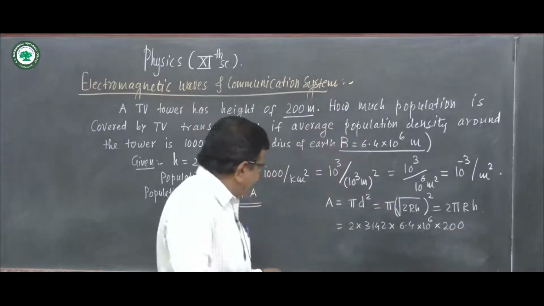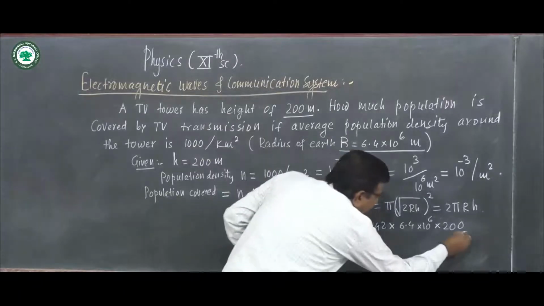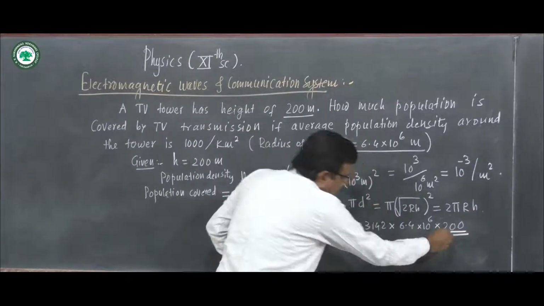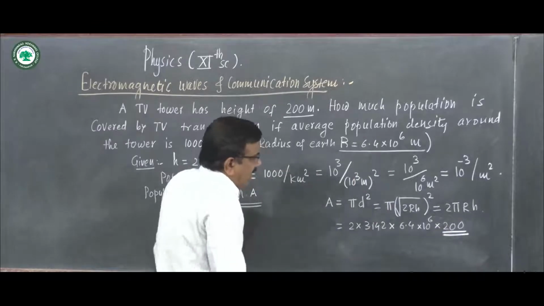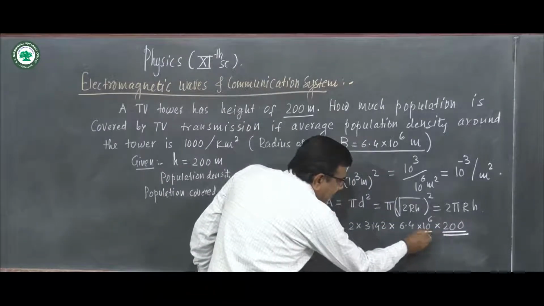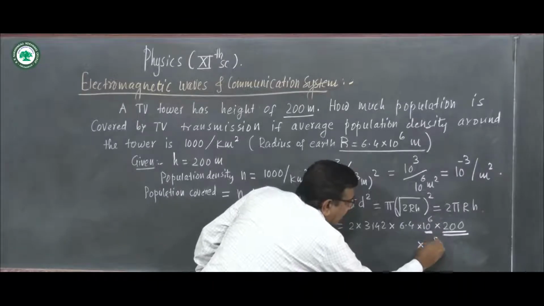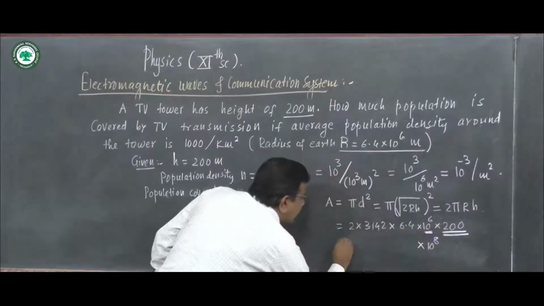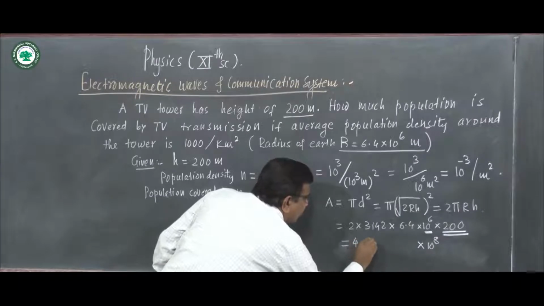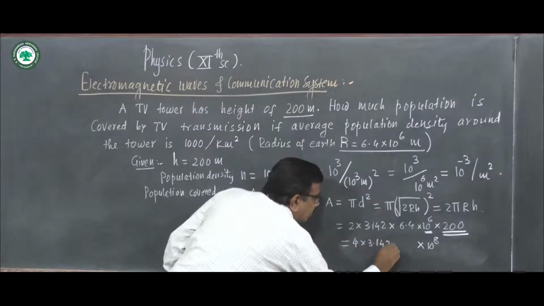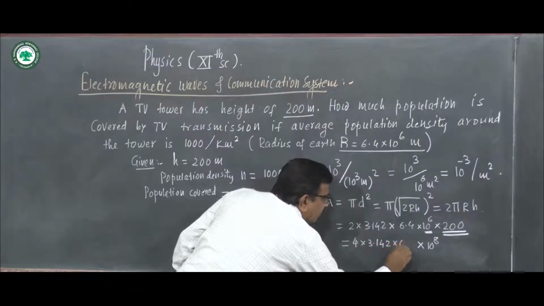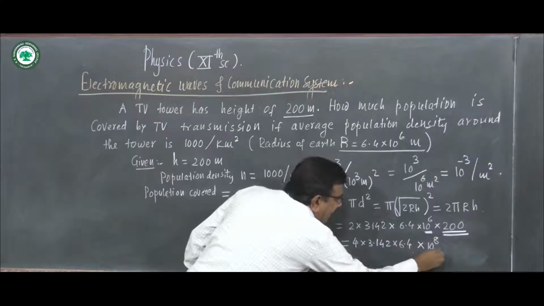Now see here, this 200 means 2 into 10 raised to 2, and that 10 raised to 2 and this 10 raised to 6, that is 10 raised to 8, and here there is 2 into 2, 4 into 3.142 into 6.4 multiplied by 10 raised to 8.